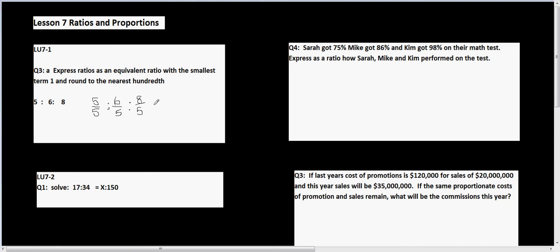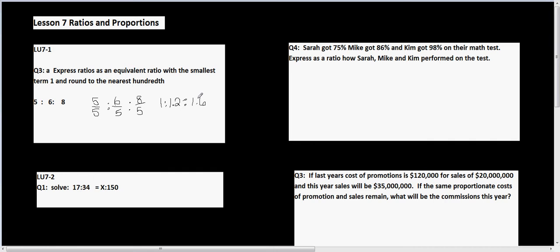And the solution then becomes 5 over 5 is 1, and 1 relates to the 6 over 5, which is 1.2, which then relates to the 8 over 5, which is 1.6. So the proportions between 5, 6, and 8 are equivalent to 1, 1.2, and 1.6.